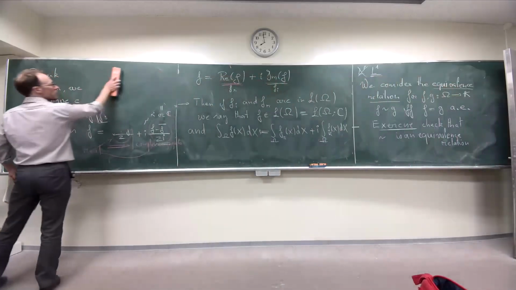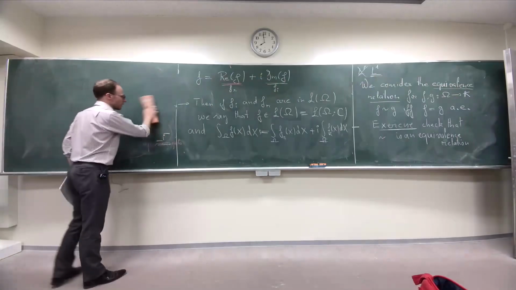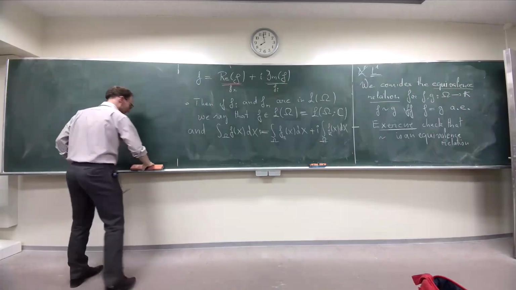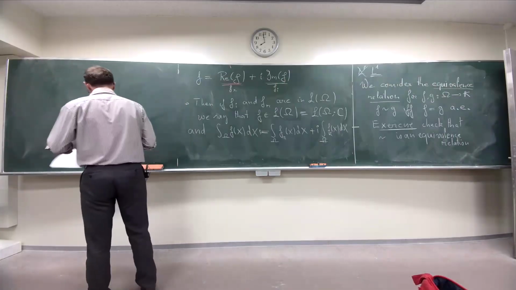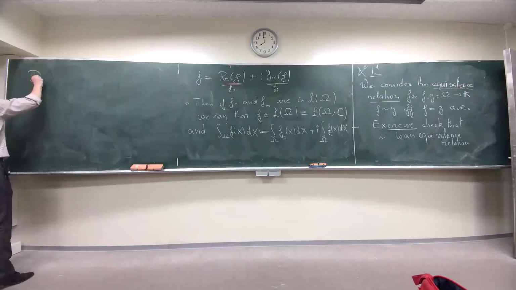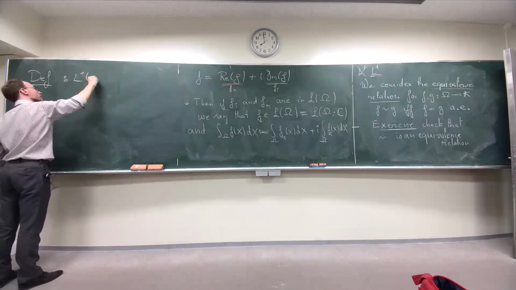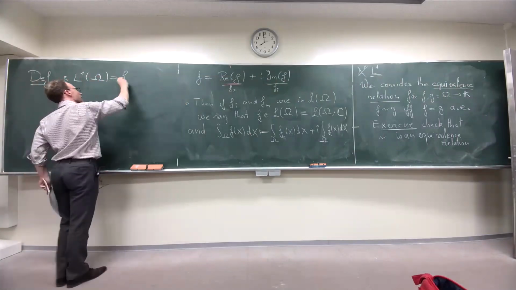And I'm going to finish with this, and I will explain it later, next week. So let me give you the definition of L1. L1 of omega is L of omega.